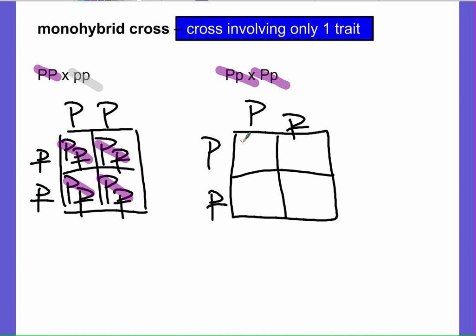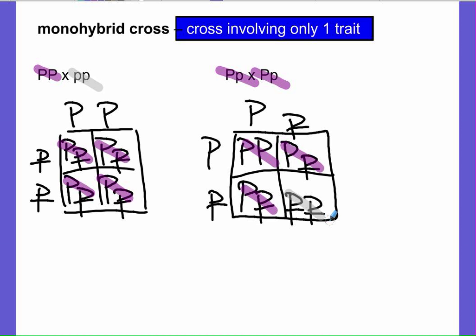But again, fill down from each side, fill across, and I get these different combinations. So this time, at least from that phenotypic standpoint, I have that 3-to-1 ratio that Mendel saw in his second filial generation.